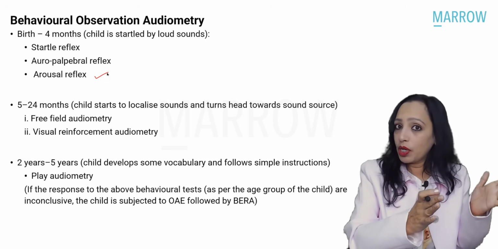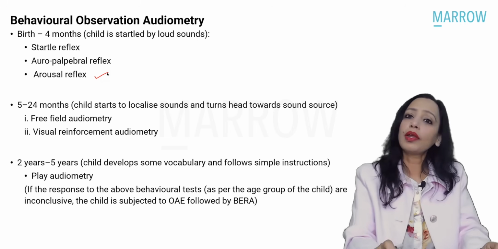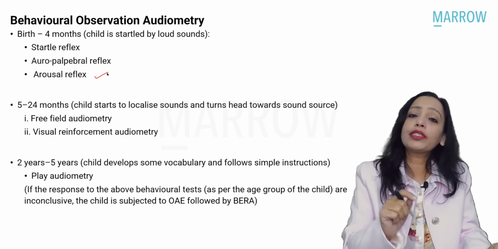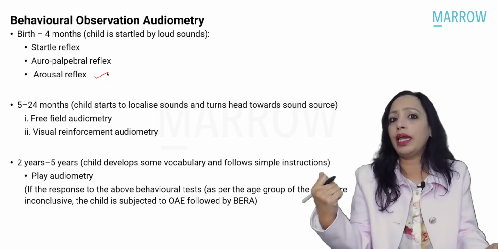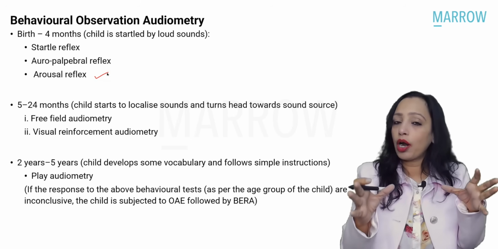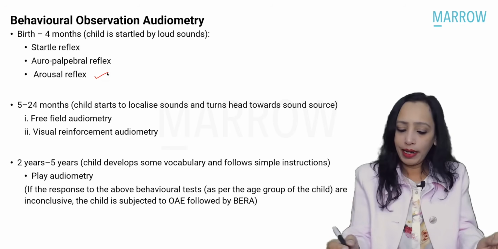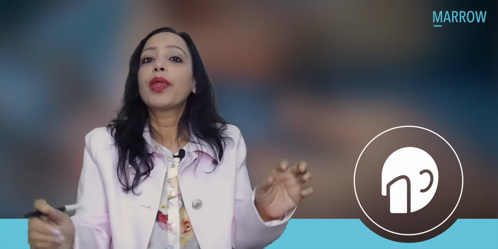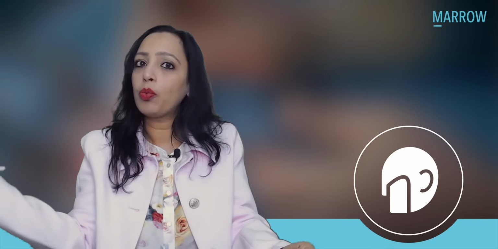Now, if it is a child who is 6 months, from 6 months onwards, we know that the child is able to localize the sound, which means that he will turn the head towards the source of the sound. So in this group of children, we came to an idea whether the child is hearing or not by placing the child in a room where there were loudspeakers attached on both sides, and sound was given from one loudspeaker at a time, and it was noticed whether in response to the sound, the child turns the head.